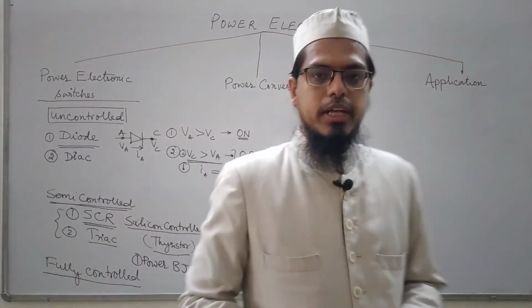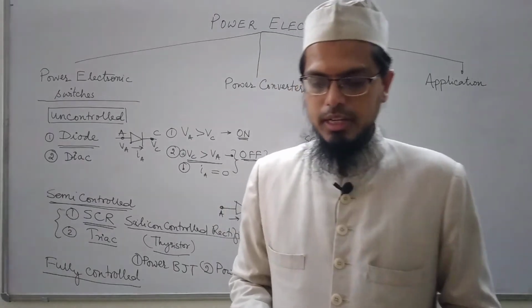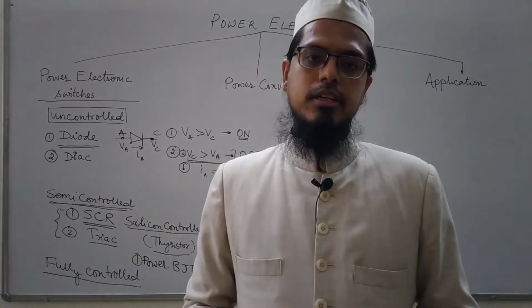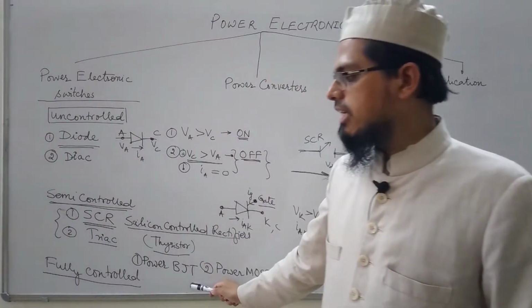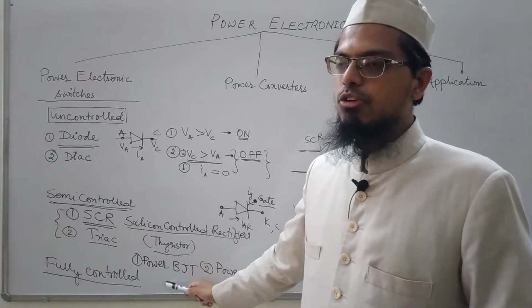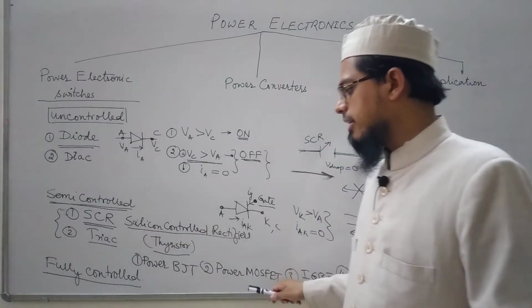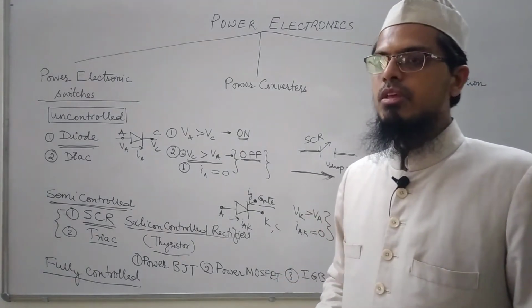And why are they called fully controlled? Because we can turn them on and turn them off with the help of the gate signal. In case of power BJT, the base current controls the turning on and off of the switch. Similarly, in MOSFET, we have the gate to drain voltage.